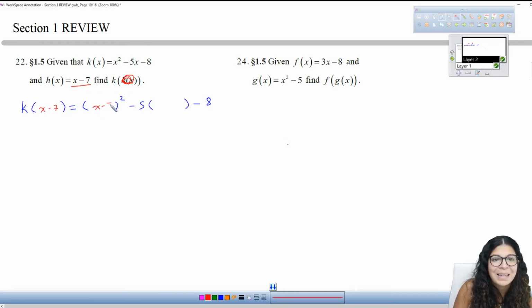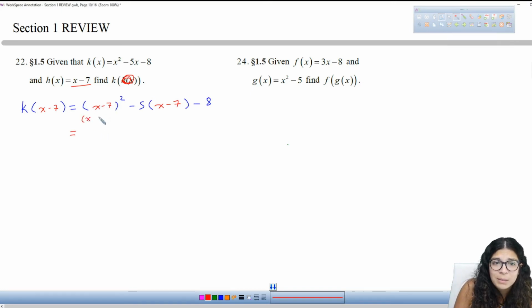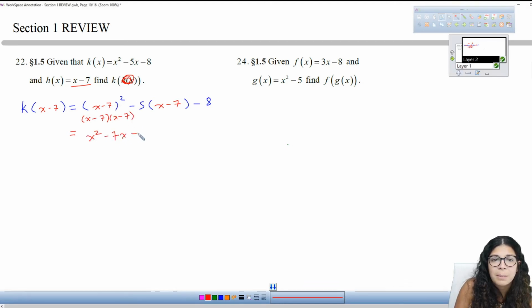So we're plugging in x minus 7 into the input for k. So again, 2 copies of x minus 7 multiplied together would be x squared minus 7x minus 7x plus 49. And then we could distribute negative 5x plus 35, and then bring down the minus 8.